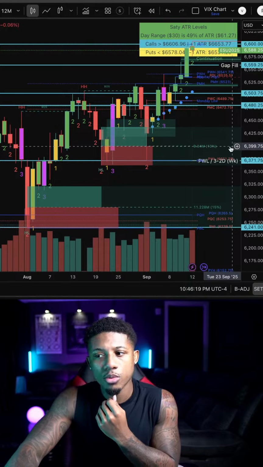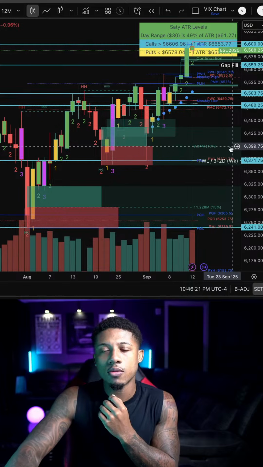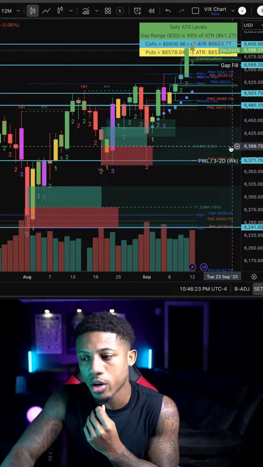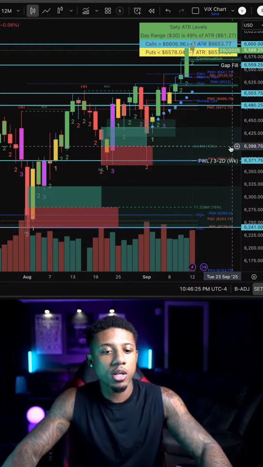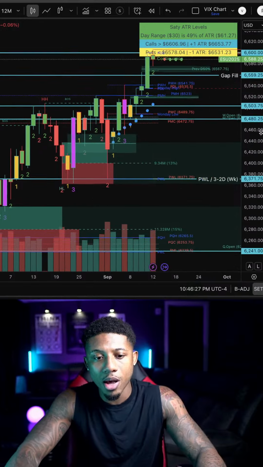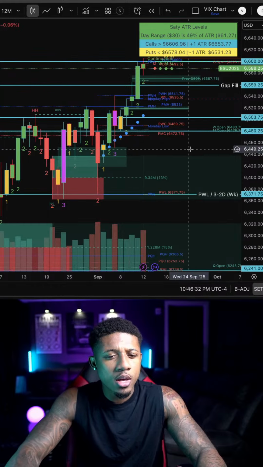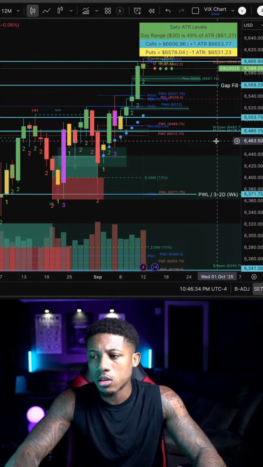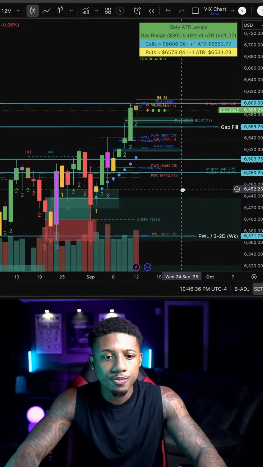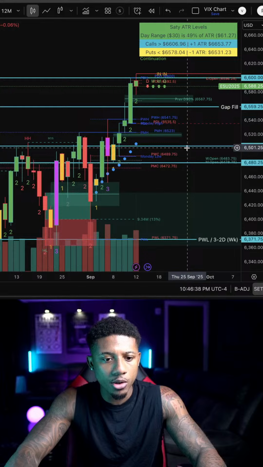Around psychological number for SPX is going to be 6,500, right? Or 6,400, I'm sorry. So when the market dips under 6,400, which could possibly happen with this FOMC coming up, we could start seeing a kind of a pullback. The market has been kind of looking a little toppy, I'm not gonna lie. So definitely want to kind of monitor this.